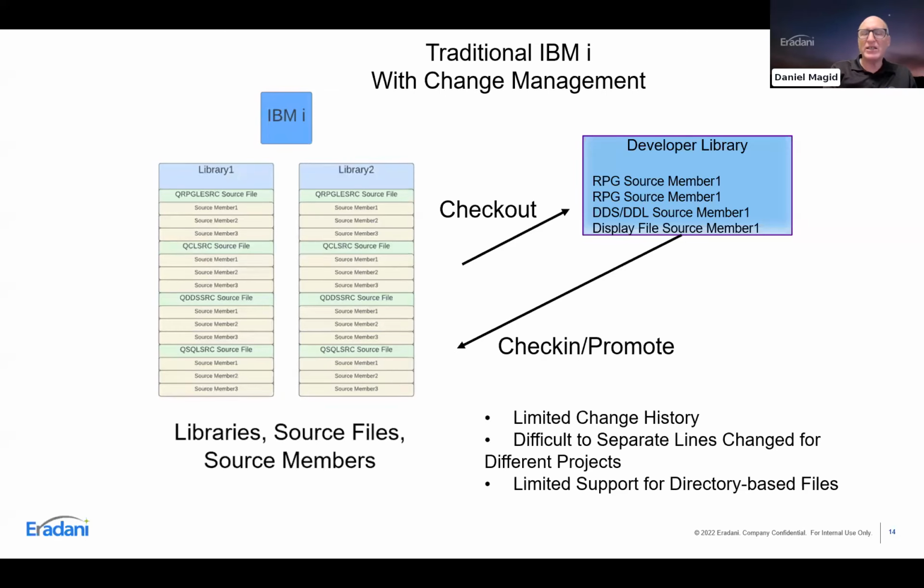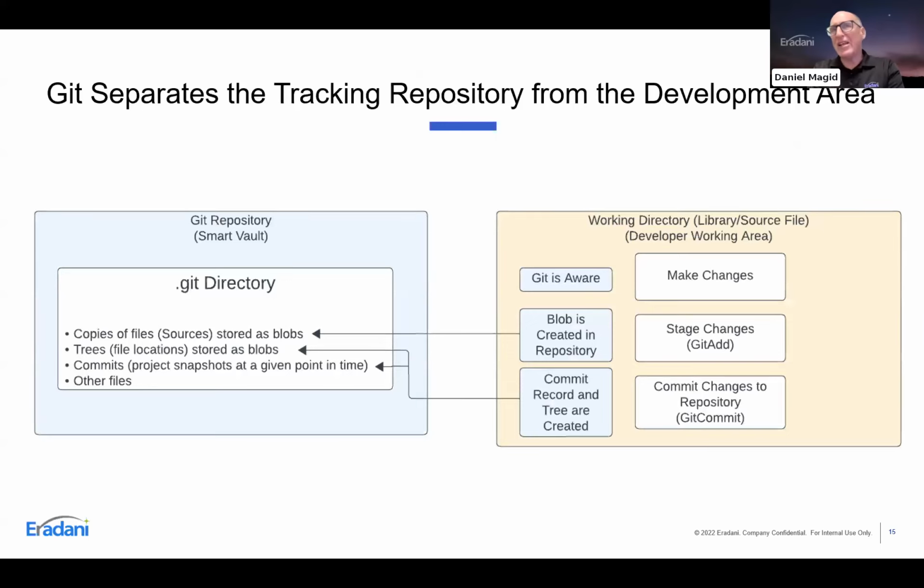What happens differently in Git is that Git separates where you're working from where it's doing all its tracking. You have your working area where you're making the changes to your code. And again, I'm going to talk about how this can be in your libraries, source files and source members, or it could be in directories in the IFS, but you're making your changes in one place.